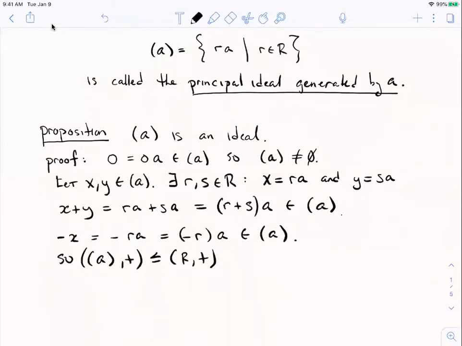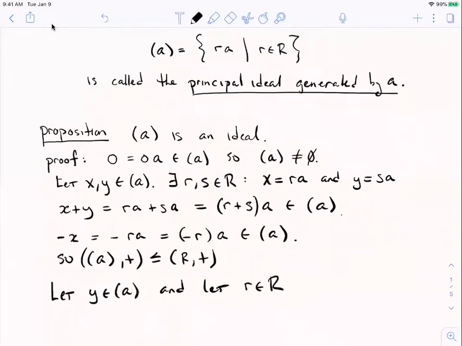So we just have to show the sticky property. I've already gotten an element up here called Y. Let Y be an element of parentheses A. And then let R be any element of this ring.